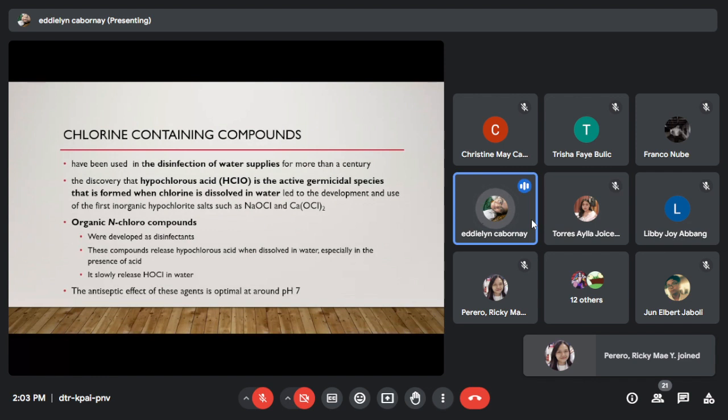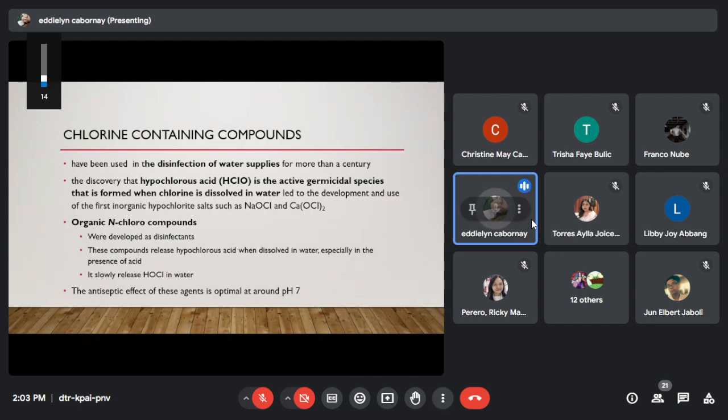So the discovery that hypochlorous acid is the active germicidal species that is formed when chlorine is dissolved in water led to the development and use of the first inorganic hypochlorite salts such as sodium hypochlorite and calcium hypochlorite. Again, the hypochlorite salts produced are sodium hypochlorite and calcium hypochlorite.